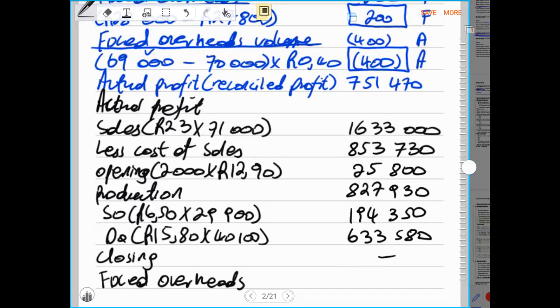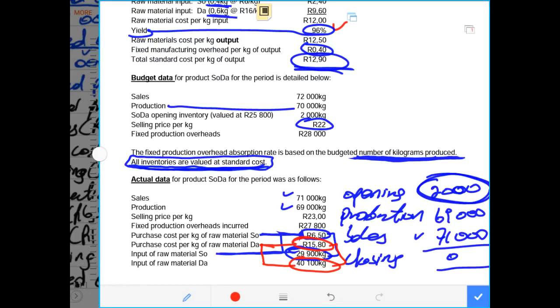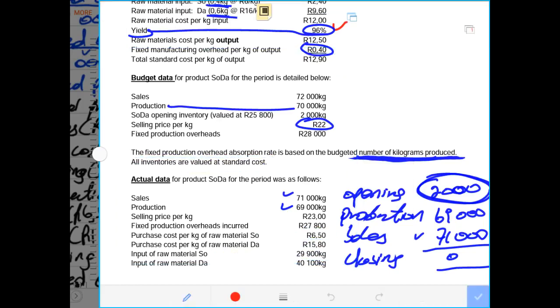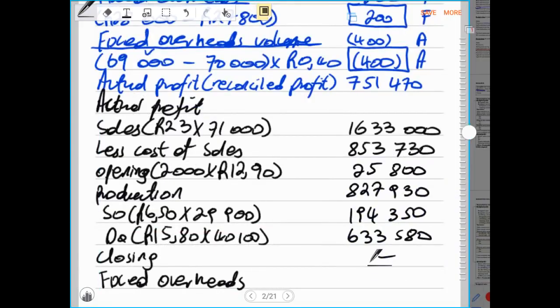Let me check, it was 27,800 if I still remember. Yes, 27,800 was our actual fixed cost.